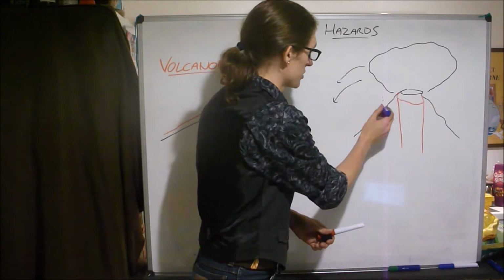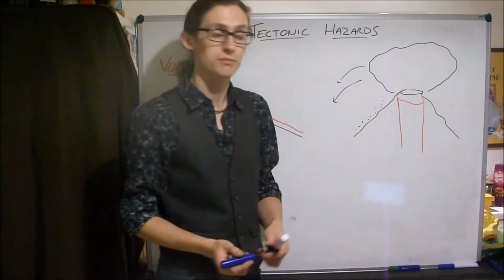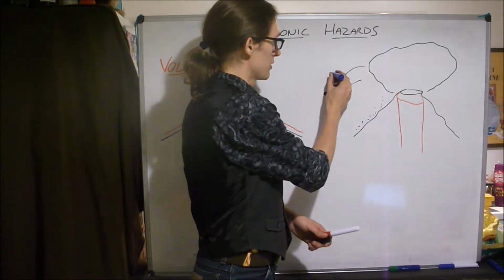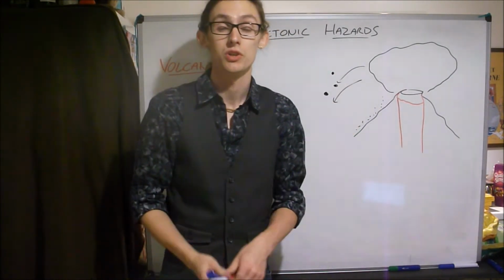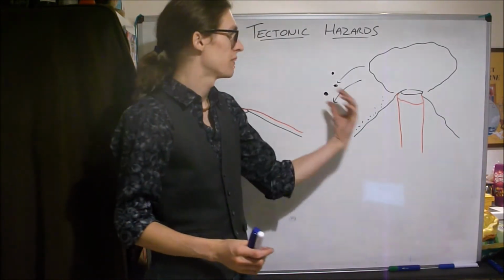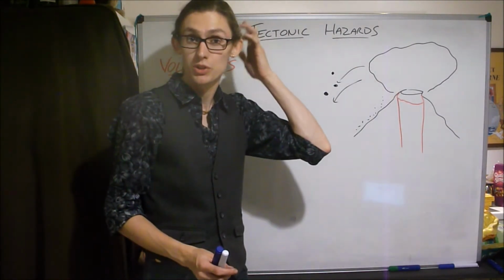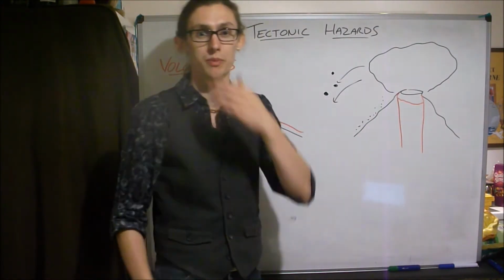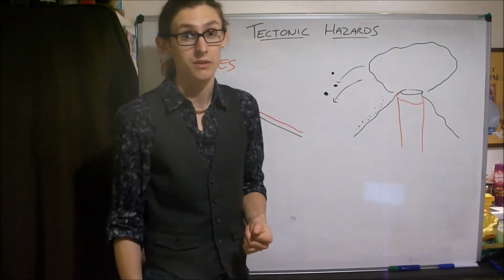You might also get big chunks of rock, known as cinders, or sometimes bombs. Big chunks of rock, very high temperature, huge risk if you're close to them, because they can smash through buildings and through cars, and it can kill you if it hits you.